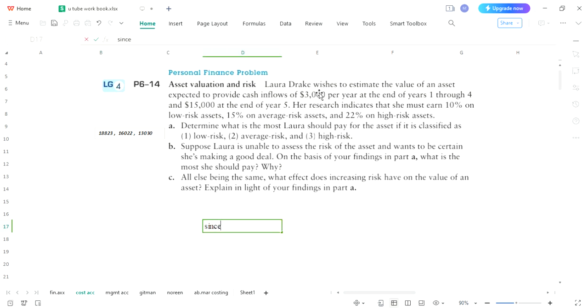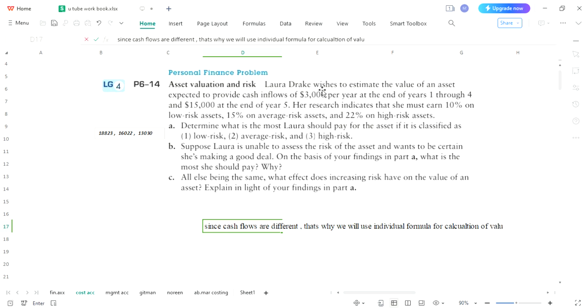Since cash flows are different, that's why we will use the individual formula for calculation of value of asset.